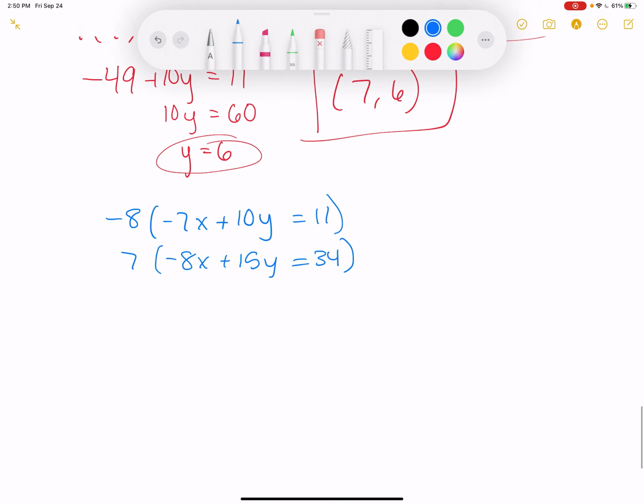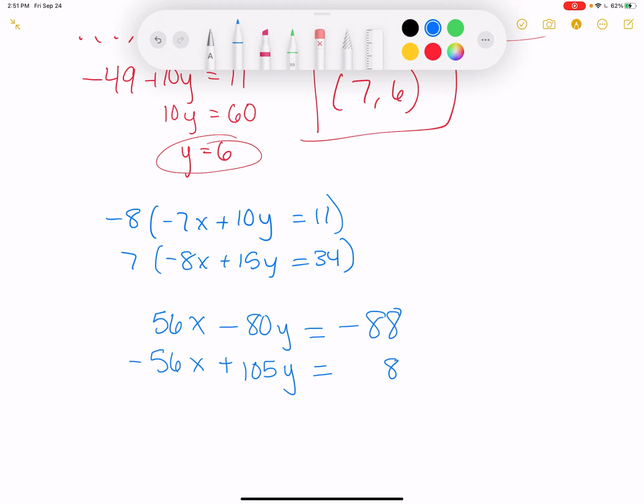Okay. So that would give me 56x minus 80y equals -88. And then negative 56x plus 105y is equal to, I got it. That's the simplest one.